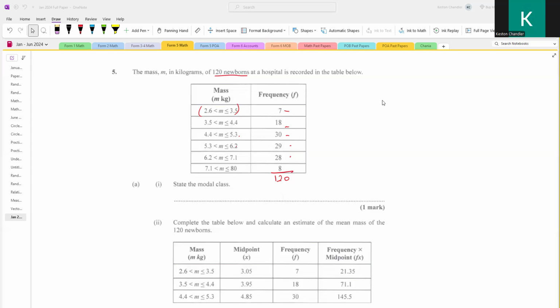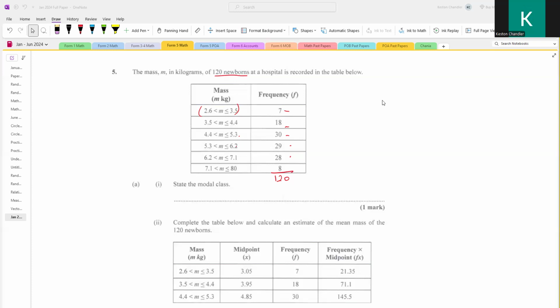Inside of there, we have broken it up into groups. One group looks at babies between the weight of 2.6 to 3.5. Then greater than 3.5 to 4.4, greater than 4.4 to 5.3, greater than 5.3 to 6.2, greater than 6.2 to 7.1, and then between 7.1 and 8.